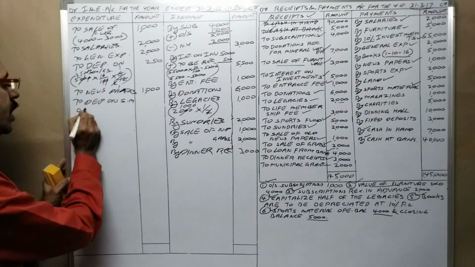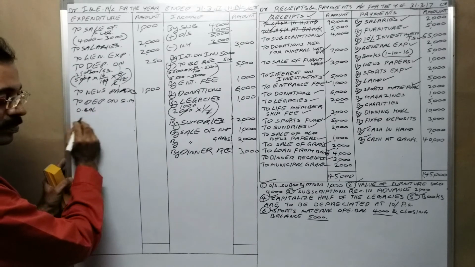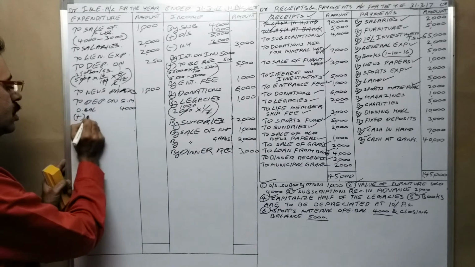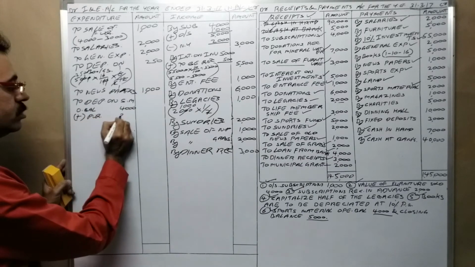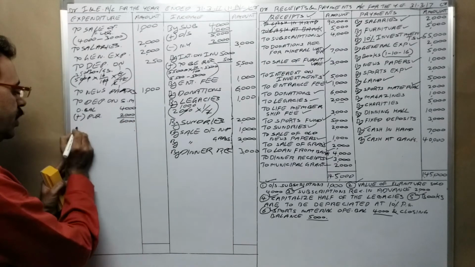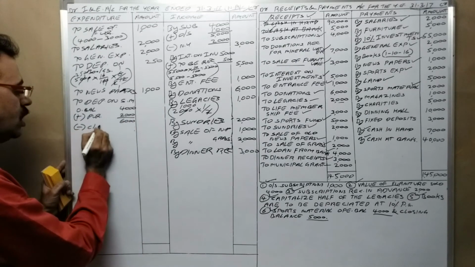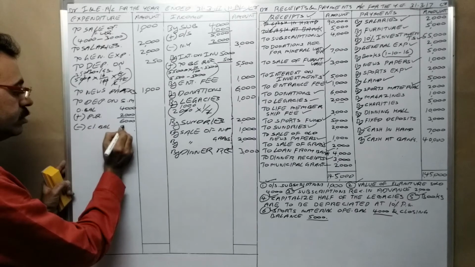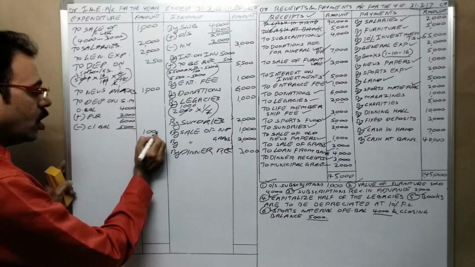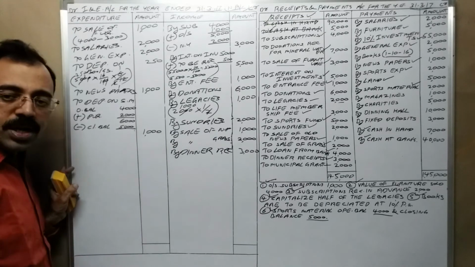Take the opening balance 4,000, add purchases 2,000, deduct the closing balance, then write the remaining amount in the outer column. Clear?